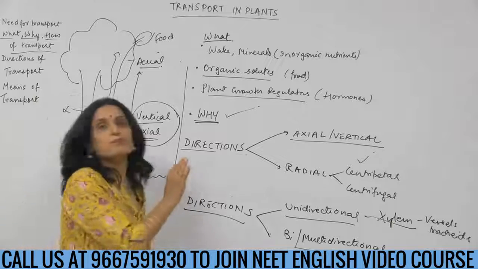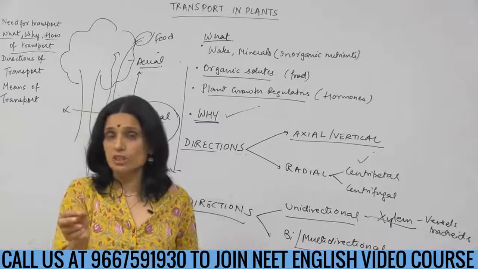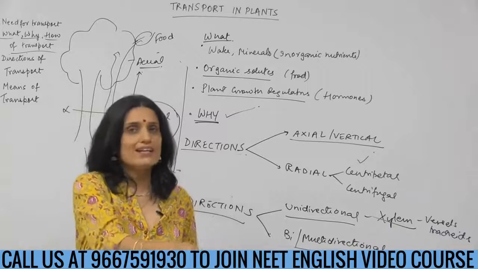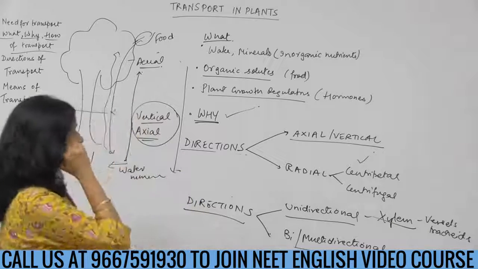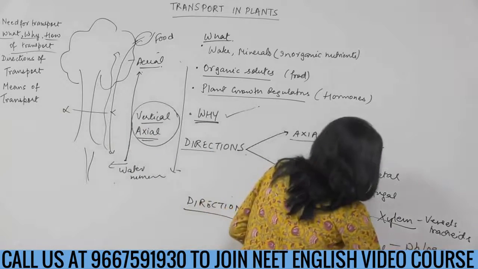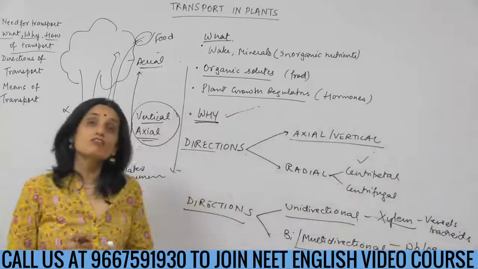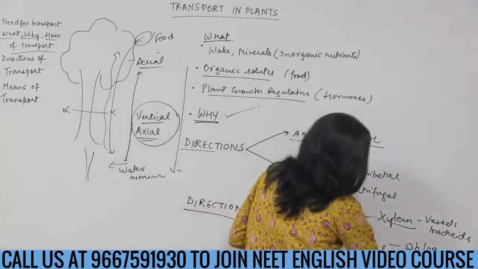Now when we talk about the bi- or multi-directional transports, we will understand the connotation of both the words, bidirectional also and multi-directional also. Now let's understand this with the help of the phloem, right? Now the conducting elements of the phloem are basically made up of the sieve tubes, right?